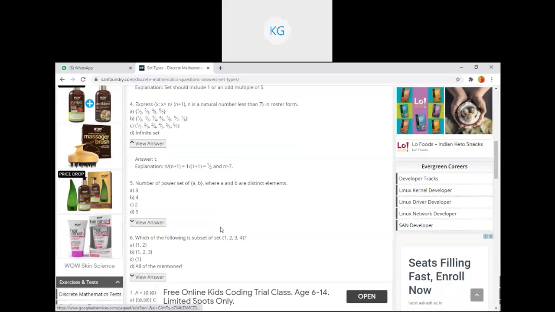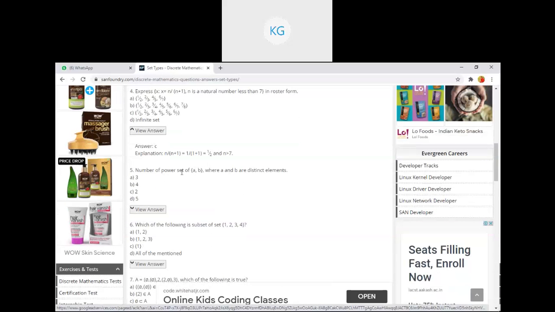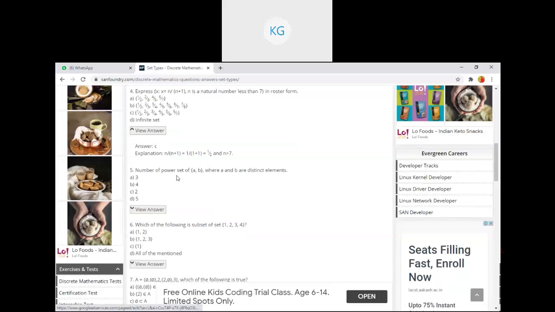Yes, ma'am. Now, the number of elements in the power set of {A, B}. If a set has only two elements, how many elements does its power set contain?